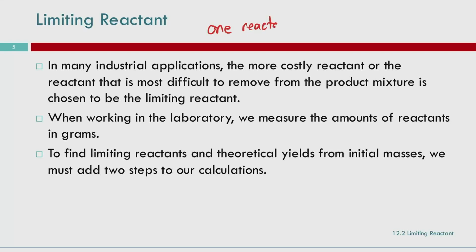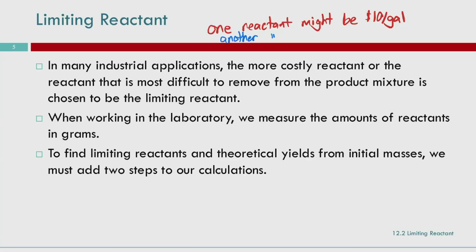For example, 1 reactant, I'm just making numbers up, might be $10 a gallon. That's a lot of reactant if it's just us working in a lab. Like a whole gallon of chemical for $10, what a deal.